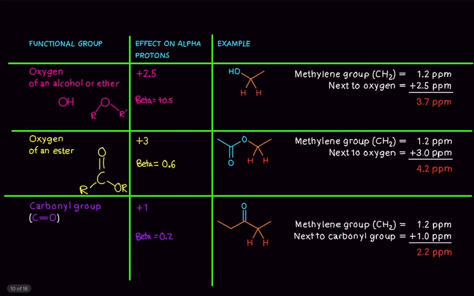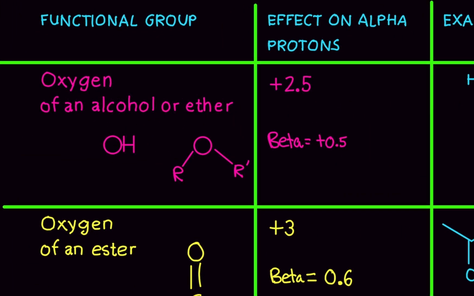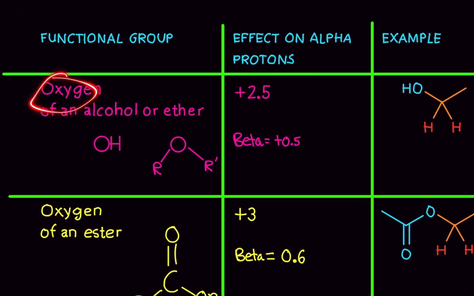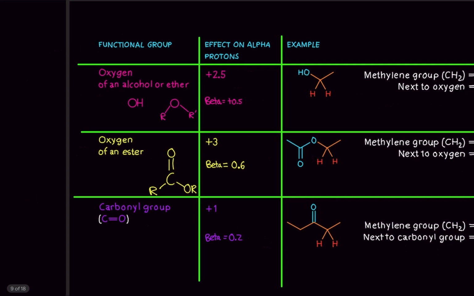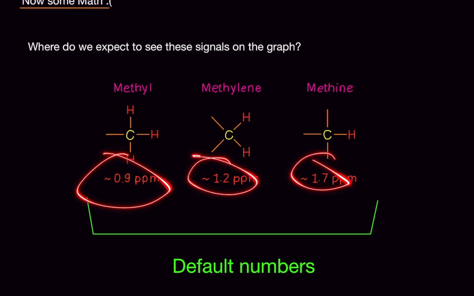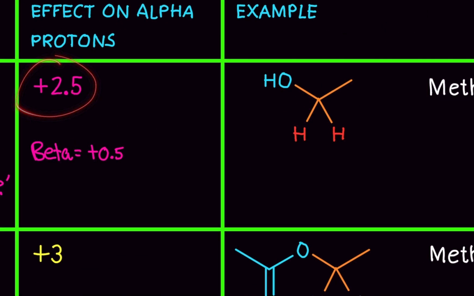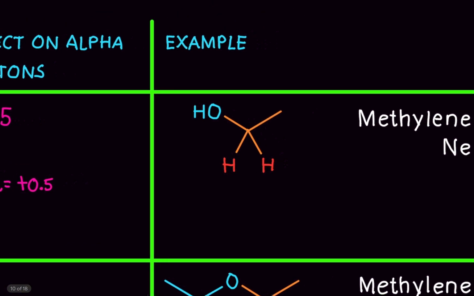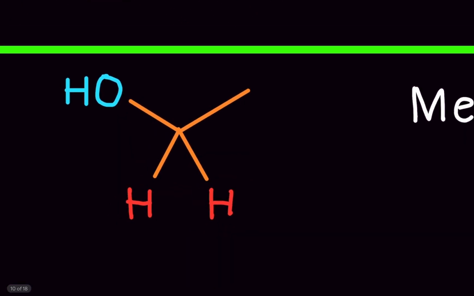Okay, this looks complicated, but really is not. What this is saying is, if you have the functional group of an oxygen, so basically an alcohol or an ether, so an OH or an oxygen with a carbon here, what you're going to do is take whatever number you have here and add 2.5 to it. So let's show you an example. We have a carbon right here. This is the alpha carbon because this is one carbon away from our electronegative atom.